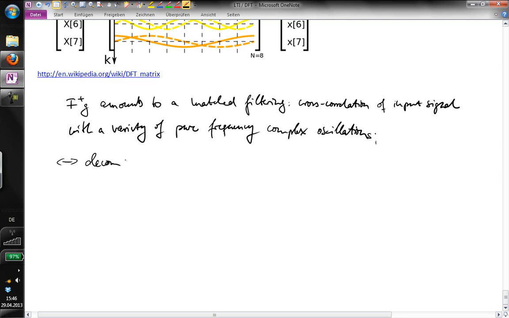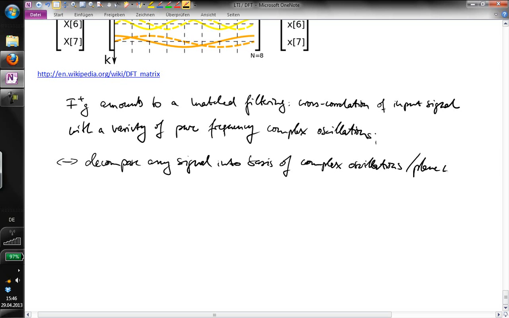So in other words, we decompose any signal or any image into a basis of complex oscillations or plane waves.